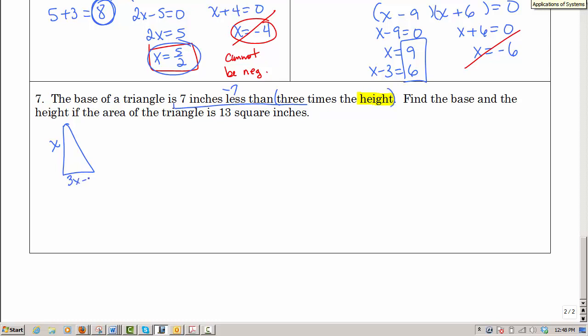So 3x minus 7. And my area is 13. So again, I'm multiplying these together. Not equals to 13 because that would be a rectangle, times 2 because 2 triangles make a rectangle.